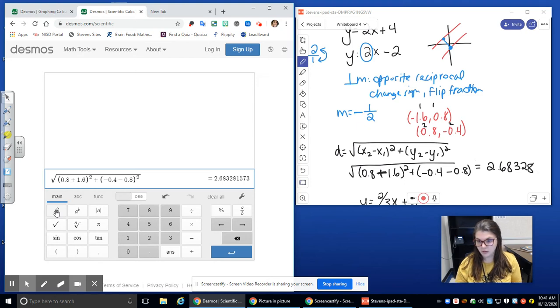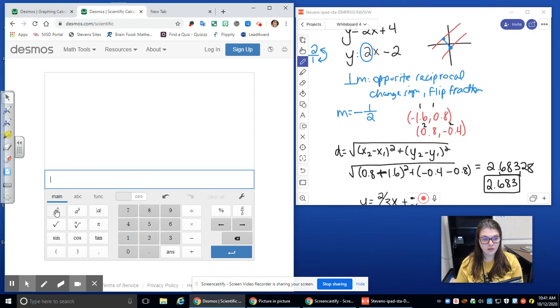It's actually bigger, but for the purposes of this assignment, we only want to round to the nearest thousandths, so 3 decimal places. Remember, if this number is lower than 5, you just keep your thousandth decimal where it's at. So our distance between our 2 parallel lines is going to be 2.683. We'll do one more example together, and then you should be good to go.